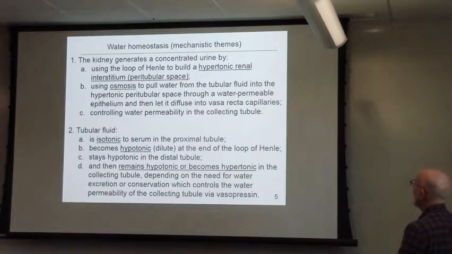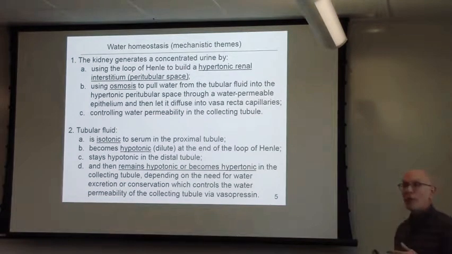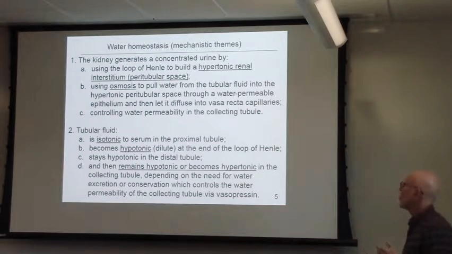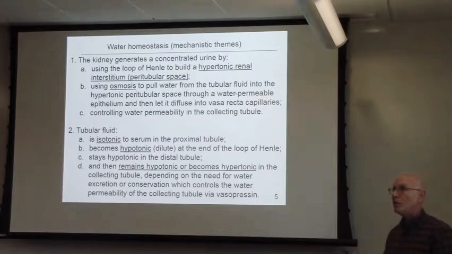It is the collecting tubule where this water permeability is most important. So the loop of Henle builds the hypertonic peritubular space, and the collecting tubule then allows the water to go into that space and then into the vasa recta capillaries.